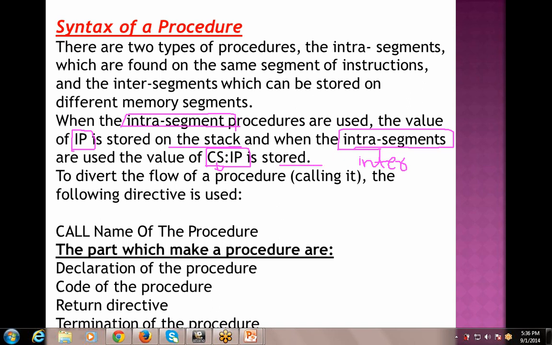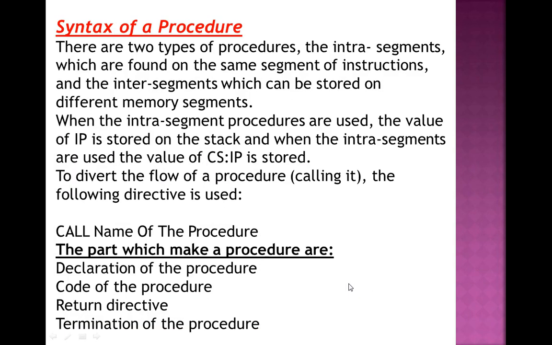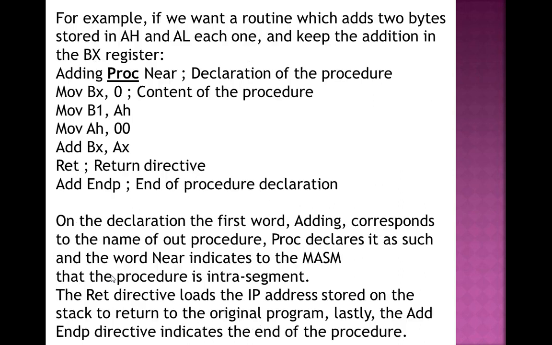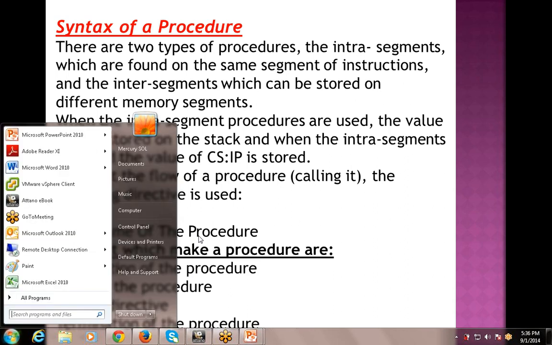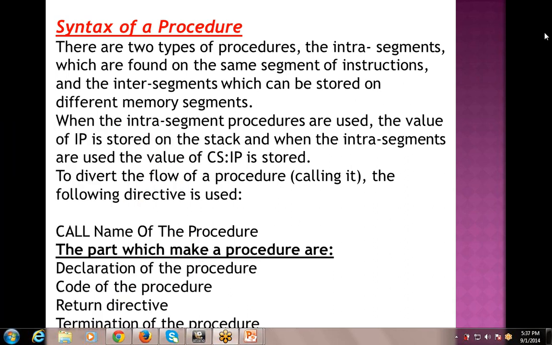To divert the flow to a procedure, the following directive is used when calling it. Whenever we use the procedure, we use CALL followed by the name of the procedure. The first part is your declaration part, then your code part, then your return statement, then the termination of the procedure.